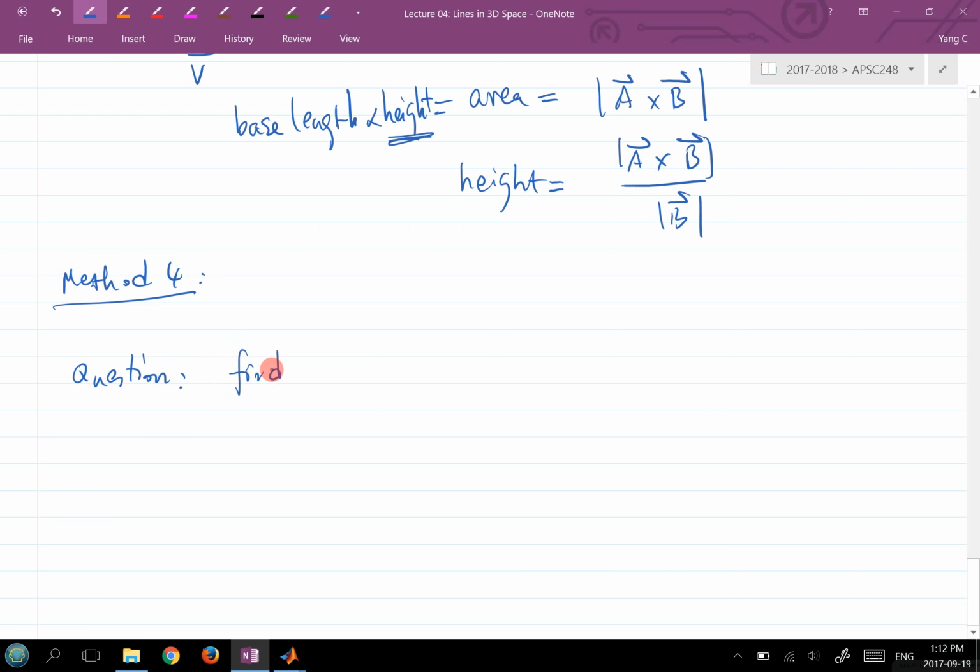So now let's look at this. Find the plane going through L and this S set here. What will be the plane going through L and S?